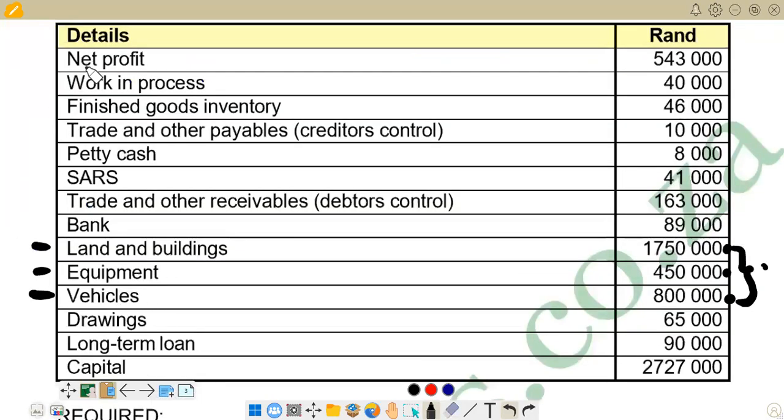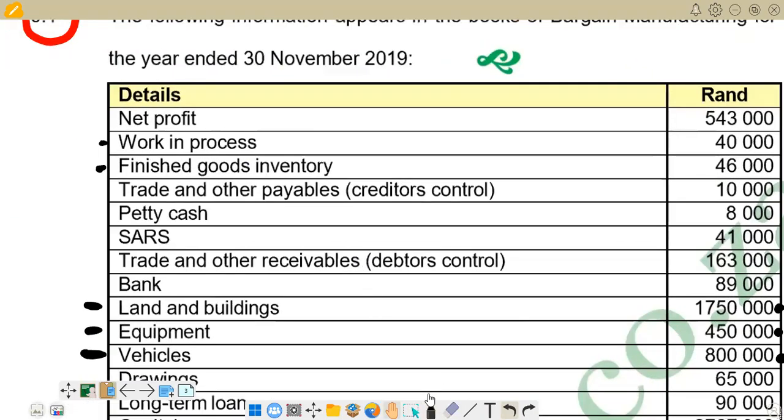If you start from the top, we have work in process and finished goods of inventory. Both of them describe our stock or inventory.